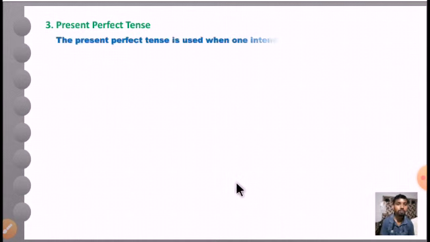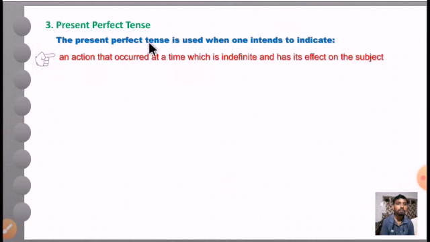Next comes present perfect tense. The formation you already know: subject plus has or have plus verb 3 plus object. What does the first rule say? The present perfect tense is used when one intends to indicate something.